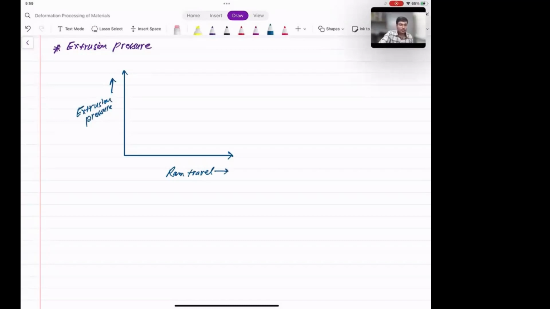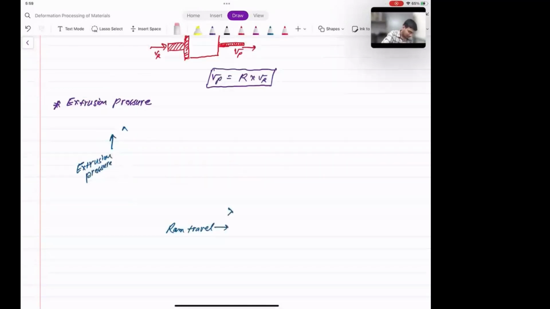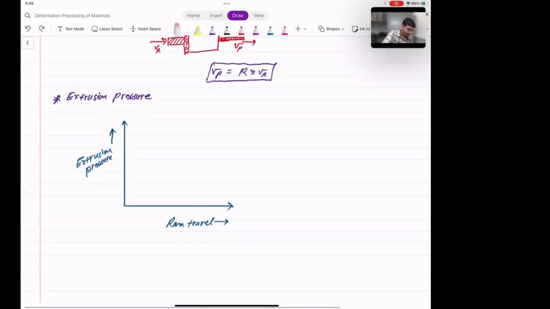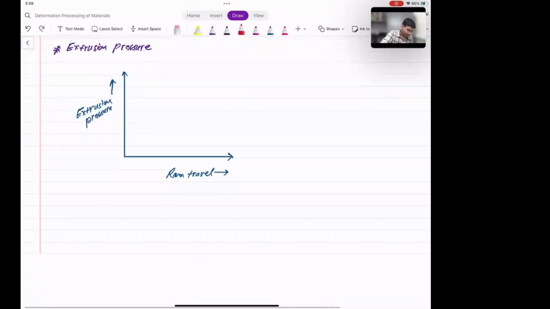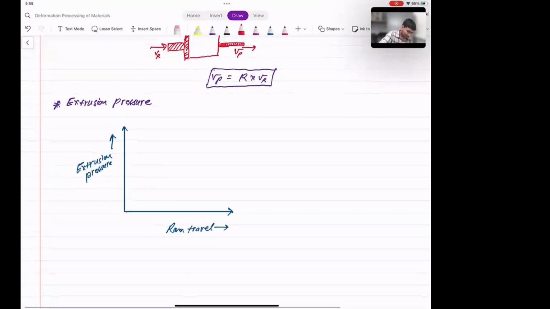So this pressure basically varies in this way for the direct extrusion process.